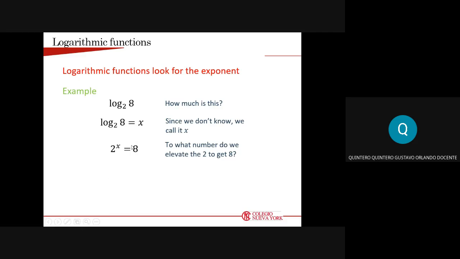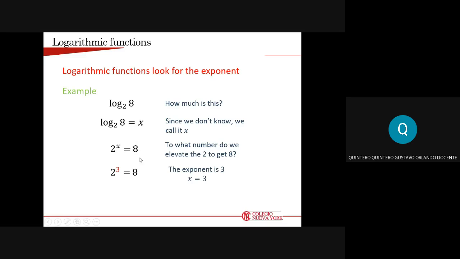Well, 2 to the 1 is 2, so x is not 1. 2 elevated to the second power is 4, so x is not 2. How about 2 to the third power? 2 times 2 times 2, that is an 8. So just like that, we found the value. X is 3.